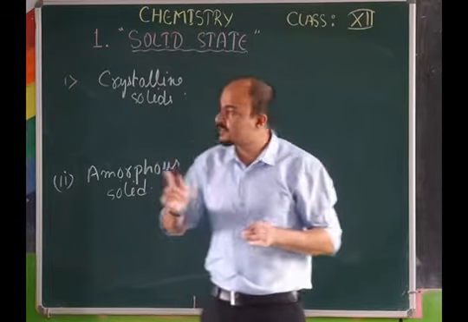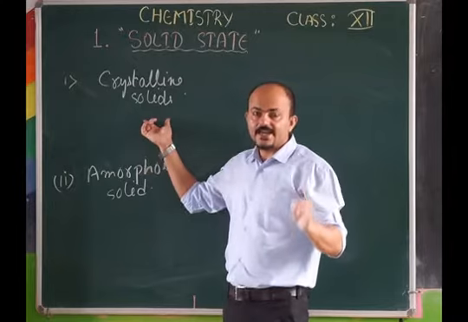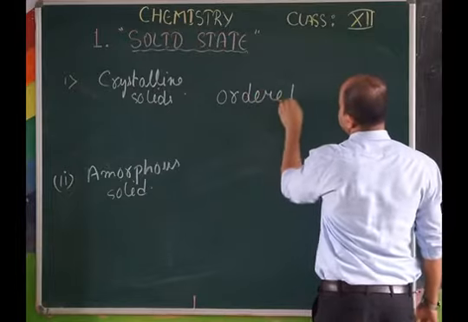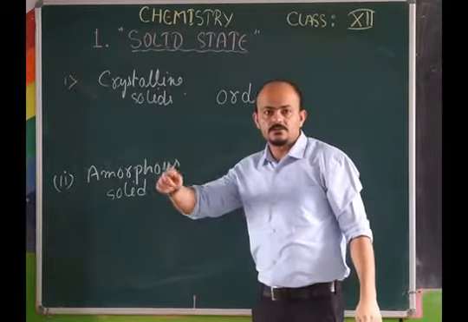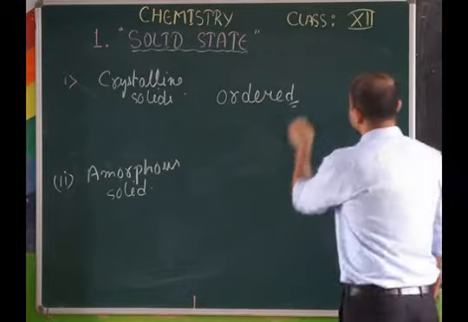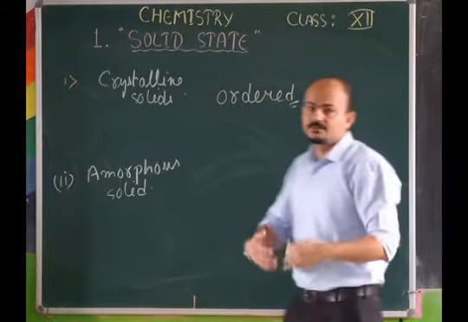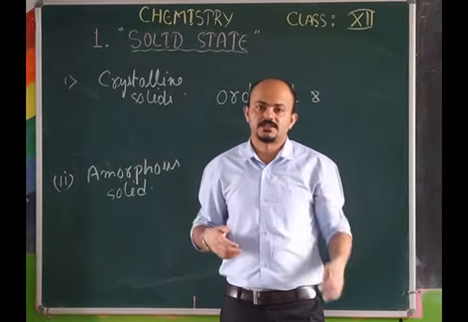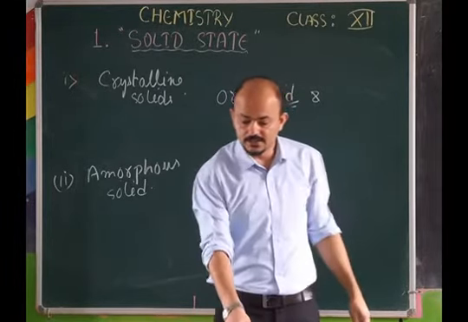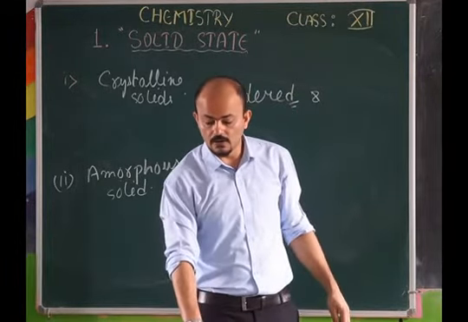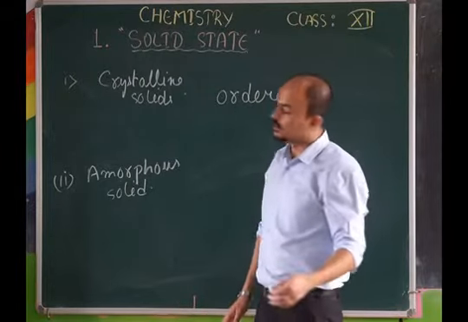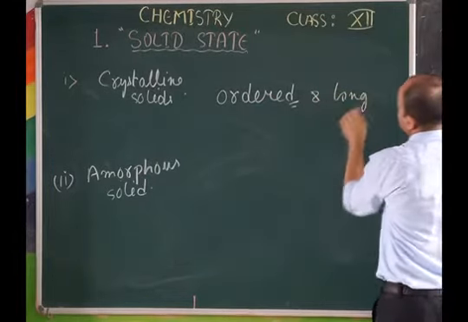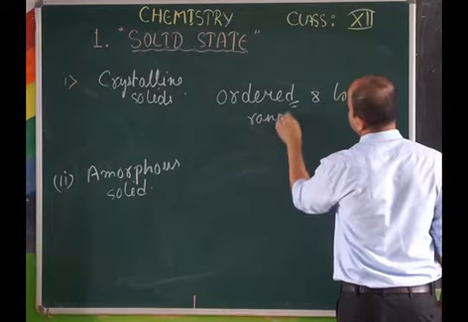Please don't forget, in a crystalline solid this arrangement is ordered, and it extends over a very large distance. Therefore, these solids are also known to have long range order.